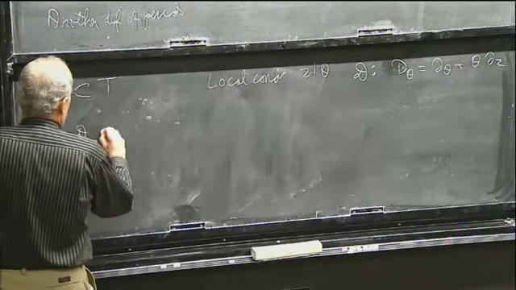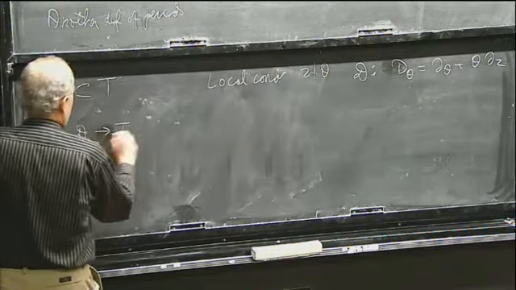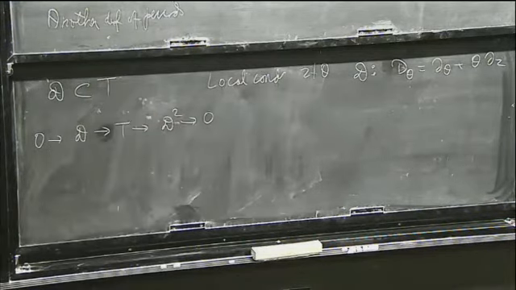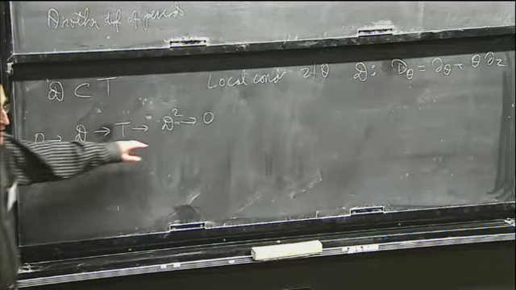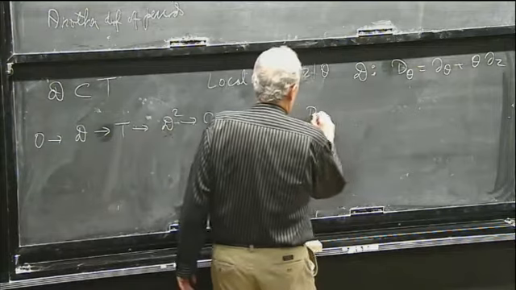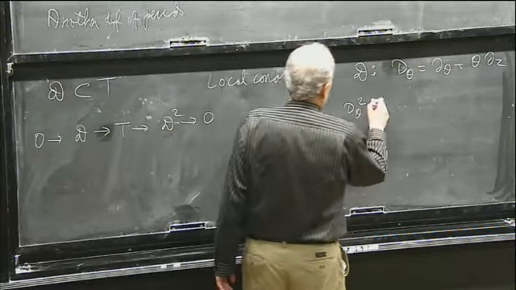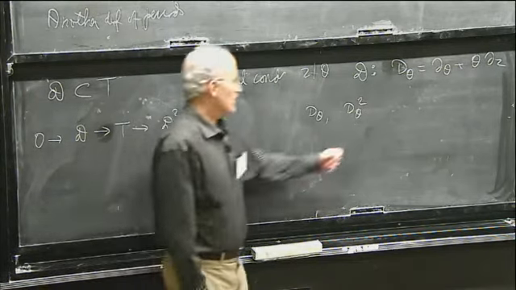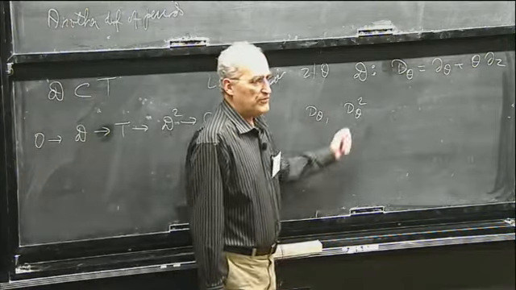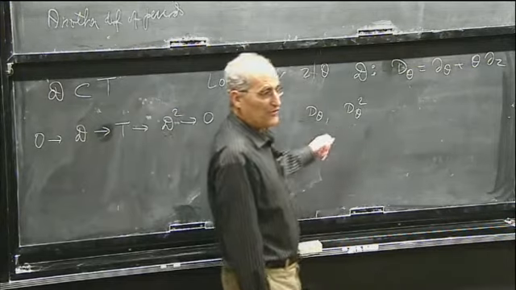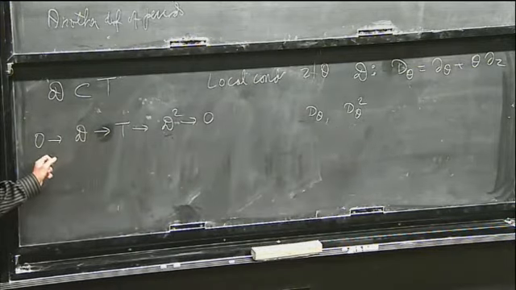And it fits in an exact sequence where the quotient is naturally isomorphic to D squared, because complete non-integrability means that D theta and D theta squared give everywhere a basis of the tangent bundle. In other words, D theta squared is an even vector field that's required to be independent of D theta, so together they give a basis. And if D theta is a section of curly D, then D theta squared is a section of D squared. So we have this kind of structure.